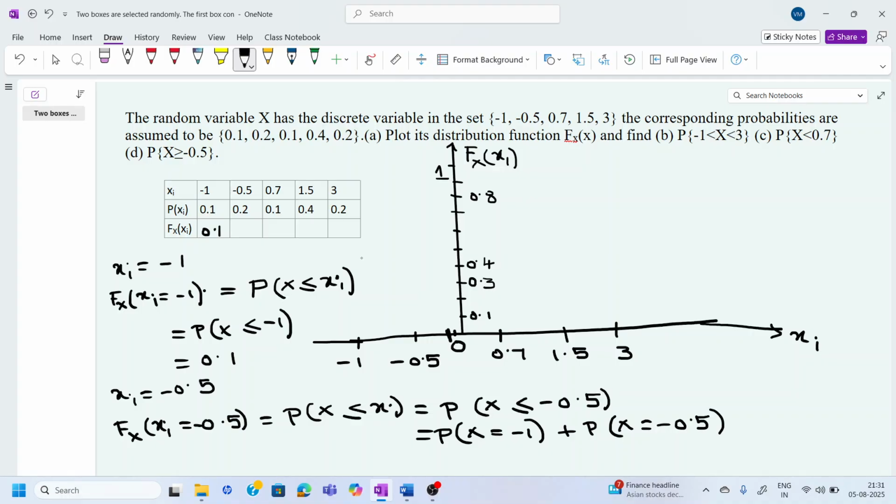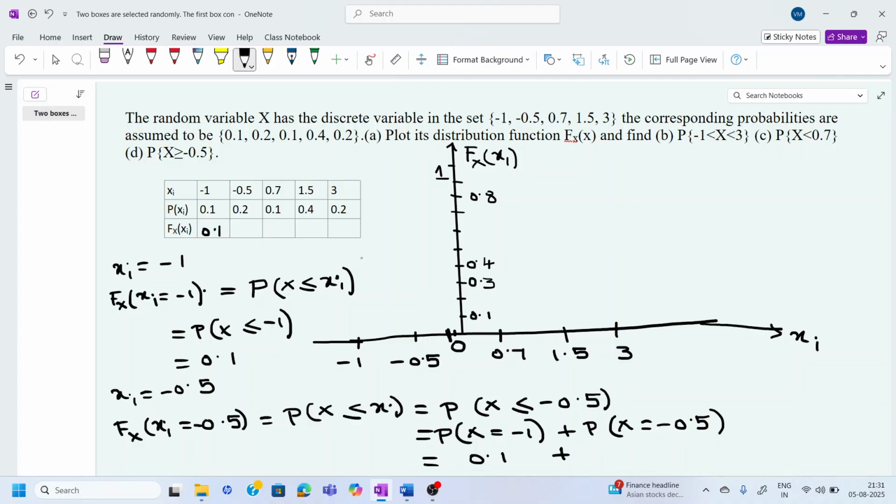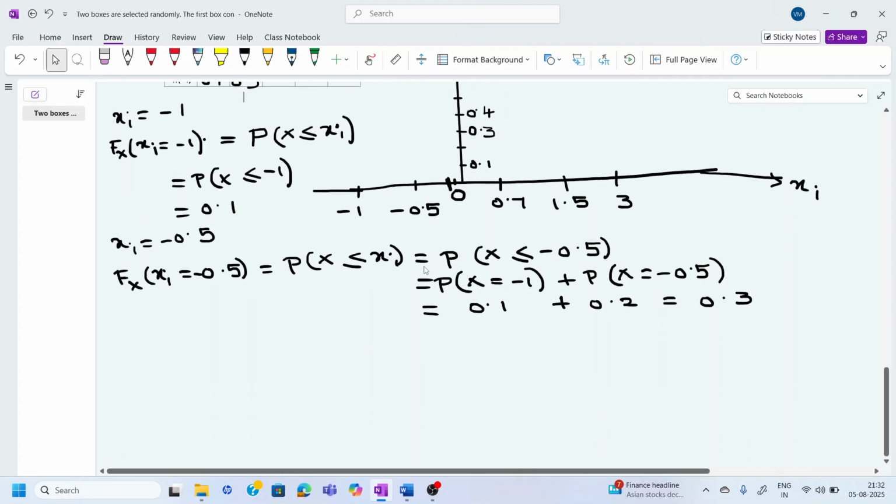From the table we can see probability of x equal to -1 is 0.1, and probability of x equal to -0.5 is 0.2. If we add, we will get 0.3. So probability of x less than or equal to -0.5 is simply 0.3.